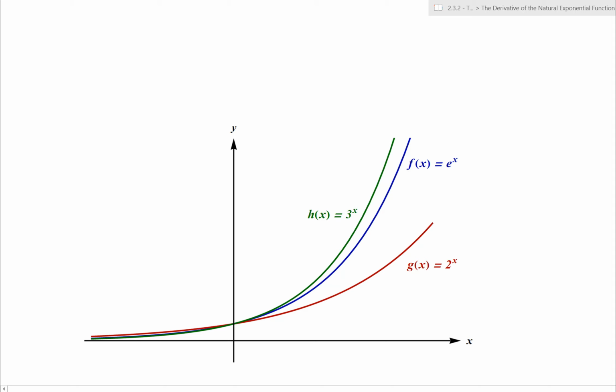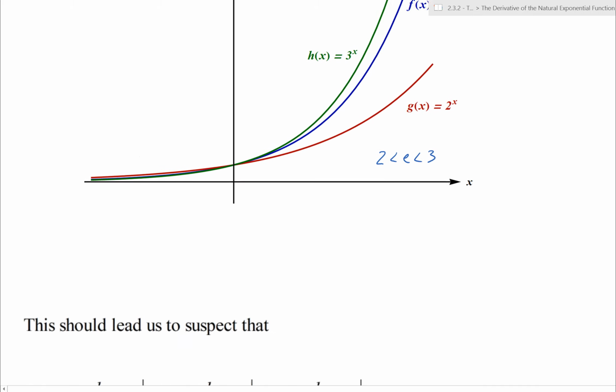So because the bases here, 2, e, and 3, satisfy the inequality 2 is less than e is less than 3, then if we have a growth situation for an exponential function, the bigger the base, the faster it will increase. And that's all consistent with our picture here, right? 3 to the x is increasing the fastest, e to the x is between the two functions, and 2 to the x is increasing the slowest of the three.